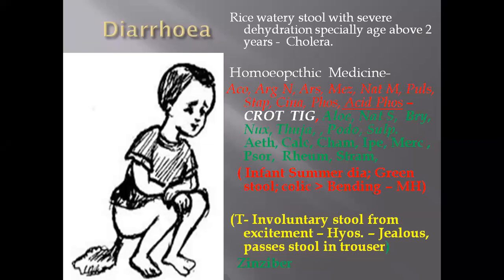Driving out of bed early in the morning, or in simple words morning diarrhea: Aloe, Sulfur, Podophyllum, Thuja, Bryonia, Nux vomica, Natrum sulph. These are the most commonly used medicines for morning diarrhea.